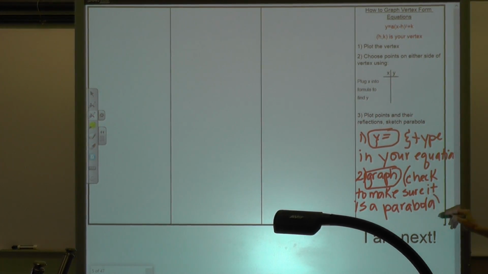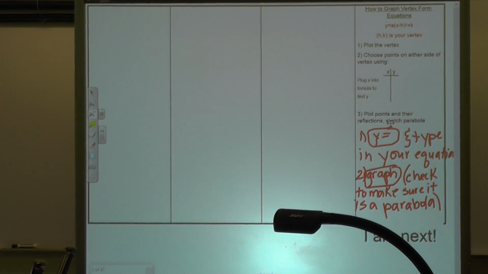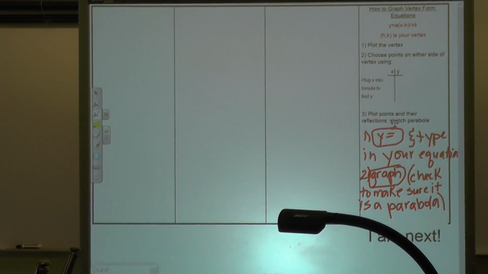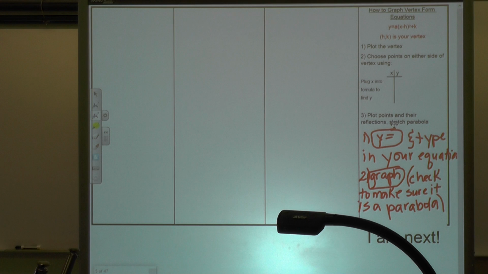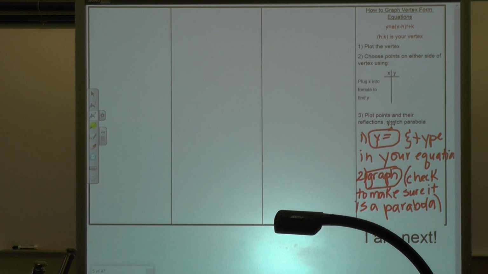The reason I have you check that is because a lot of times you'll forget to hit the squared, or you'll forget to hit an X, and you'll end up with a line. If you get a line and you write down the wrong points in your table, you're not going to graph it correctly. So you want to check and make sure that it is a parabola.